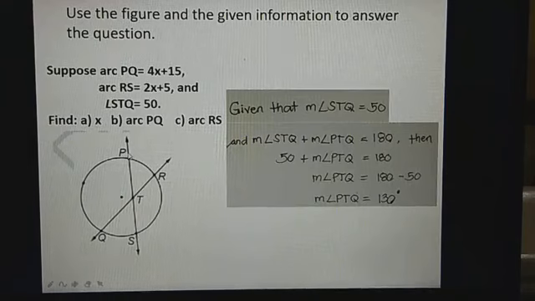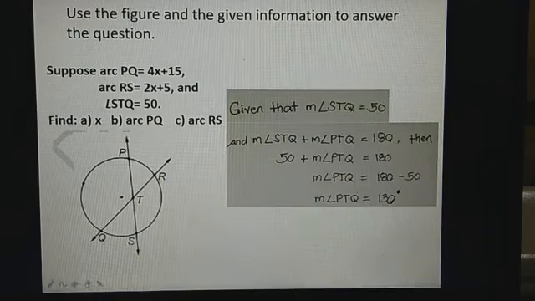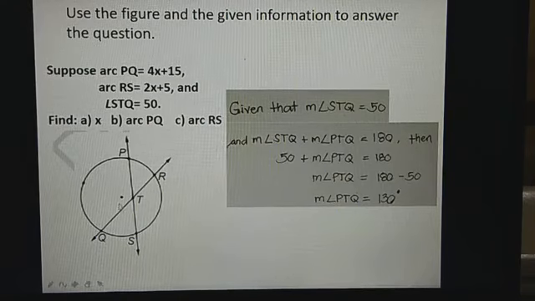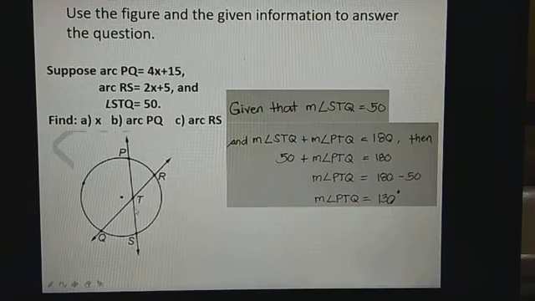It's either PQR o PTQ, alinman dyan yung pwede natin gamitin. Kaya lang, ang ibinigay ay angle STQ. So, alin yun? S, T, Q. Ito. Itong angle na ito ay 50 degrees.